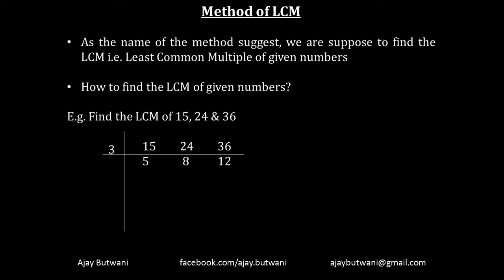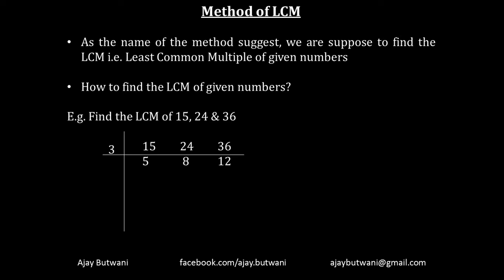Now, is there any number except 1 which will divide 5, 8 and 12? No, there is not a single number except 1 which will divide 5, 8 and 12. So now what are we supposed to do? We don't have any number which will divide all the 3 numbers, but we do have some numbers which will divide any of the 2 numbers.